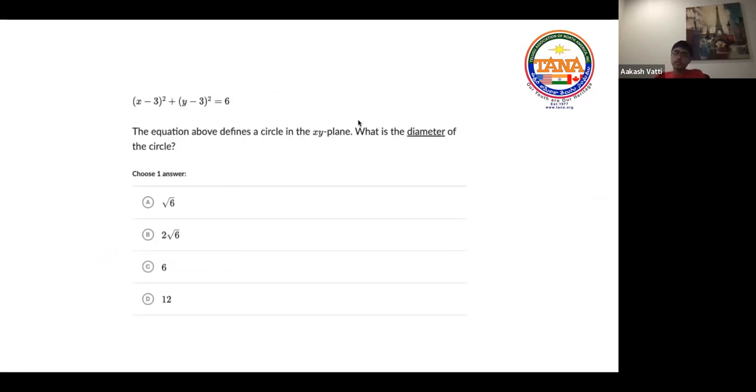I'll give you guys 2 minutes to do this one, and then I'll do it myself. Again, remember, it's asking for the diameter, not radius. I saw a couple people just put the radius.